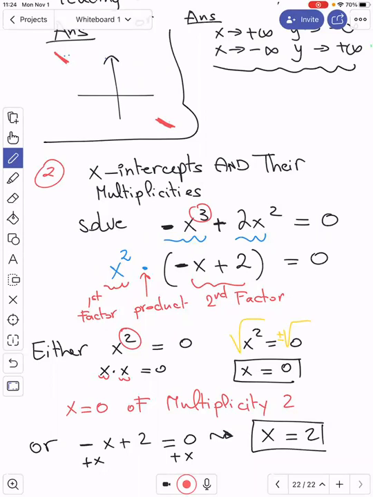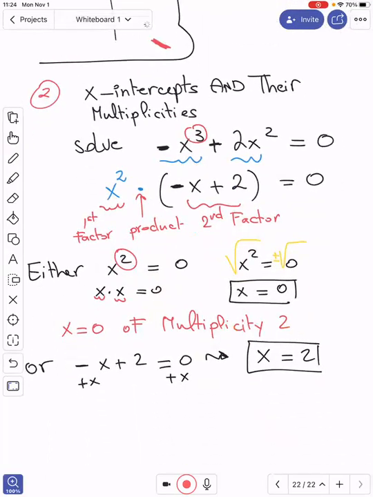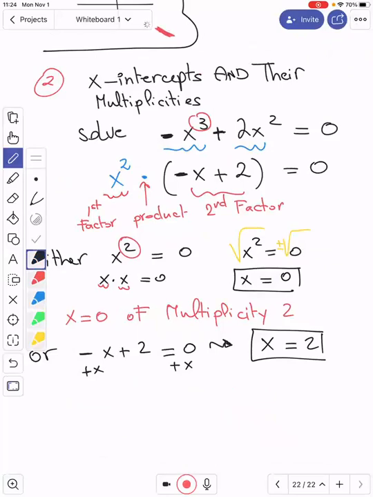And as you can see, it's just a one-time solution, right? There is no power, it's just x to the power 1. So x equal to 2 is of multiplicity 1.